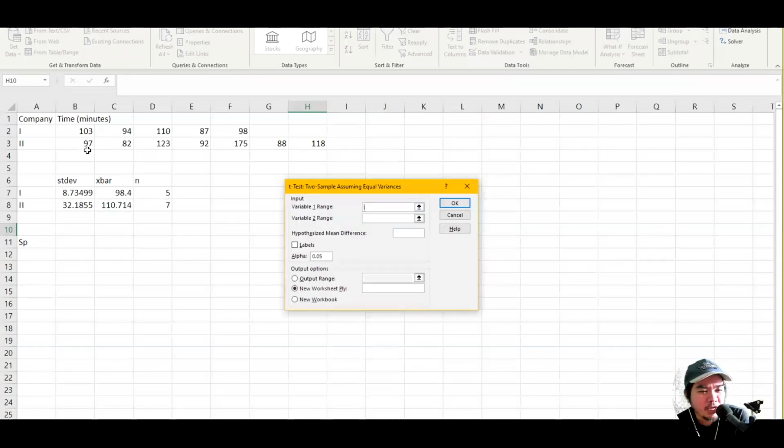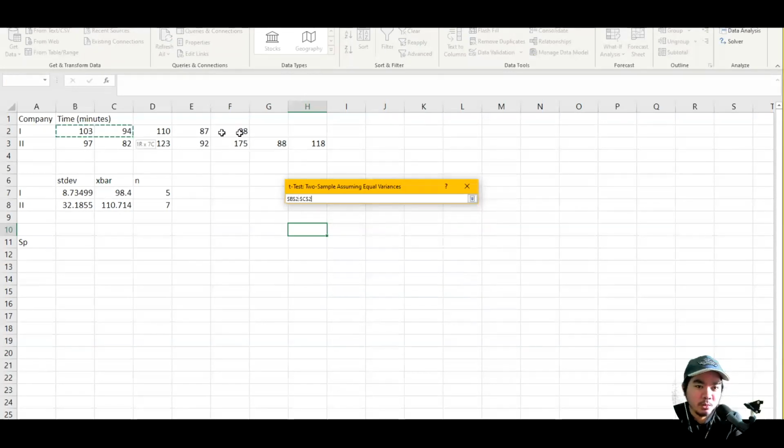This becomes a hypothesis testing problem if, for example, we assert that company 1 has films that are longer than company 2. But here, we just want to find the difference in the film durations of company 1 and company 2.